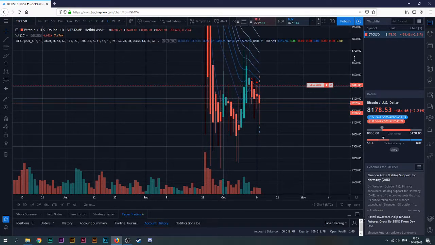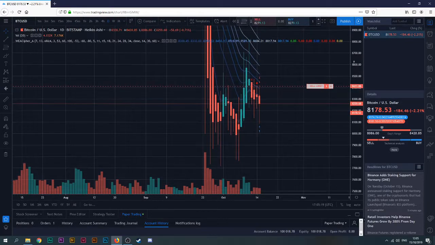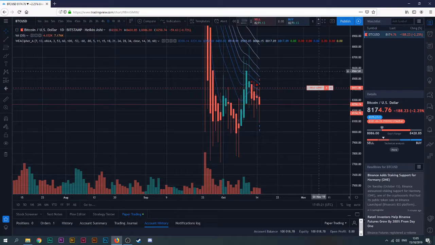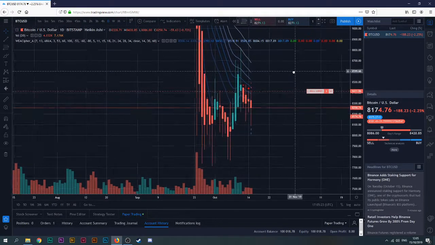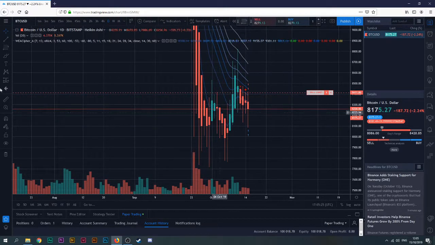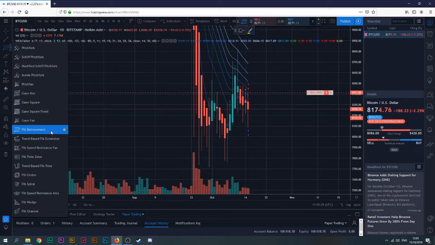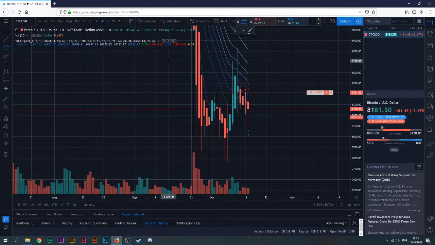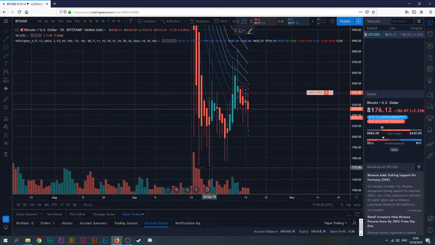Now you have the chart. You could move the chart here like that, you could move it around here. So now let's go to Fibonacci retracement. You want to click that. Today is here. You want to go to the previous day low, which is right here. That's the low point, the lowest price.